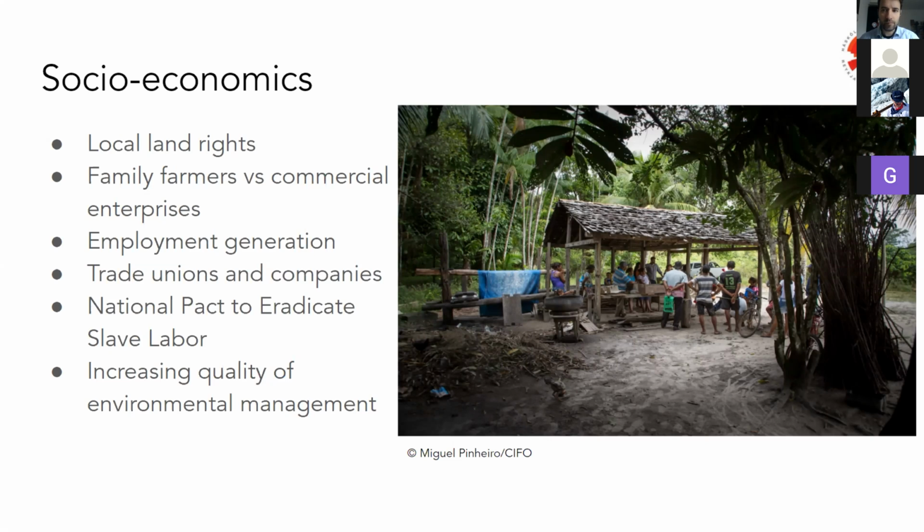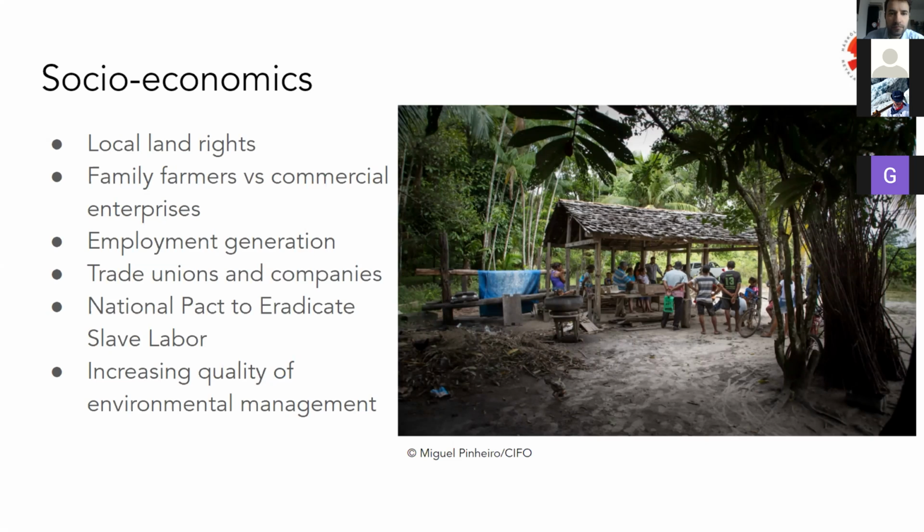There's family farmers, which is the more sustainable group here, obviously, versus commercial enterprises. There's a large group of commercial Japanese companies that will attempt to buy big swaths of land and to have these big production companies going, and the family farmers are getting pushed out.